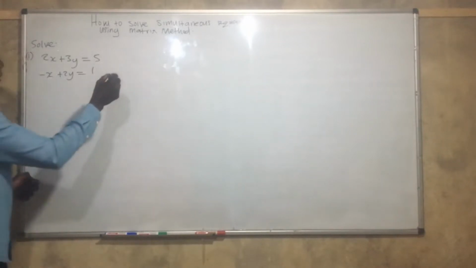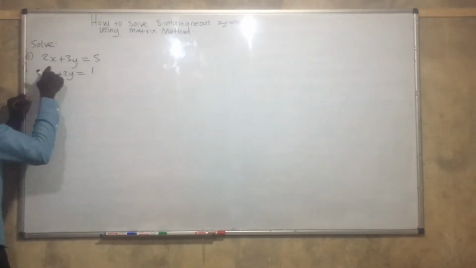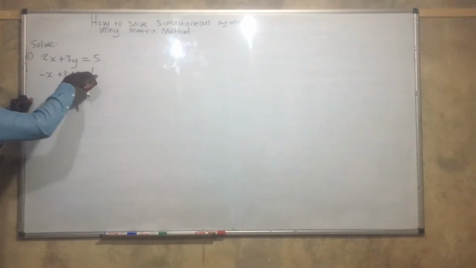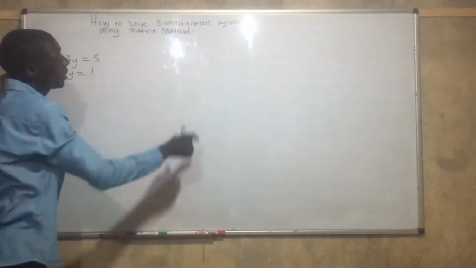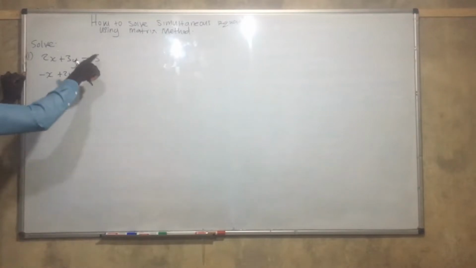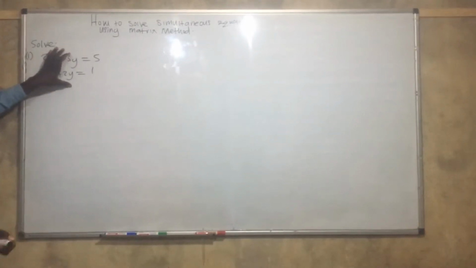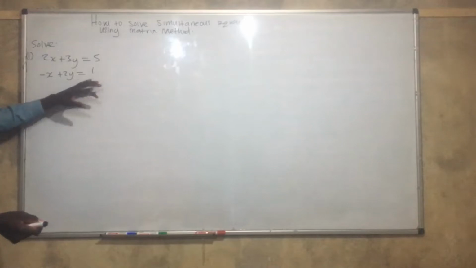We write the coefficients of the variables, then we write the answers also in matrix form. This matrix method is also called the coefficient matrix, because when we find the values of x and y, we consider the coefficients of the variables.